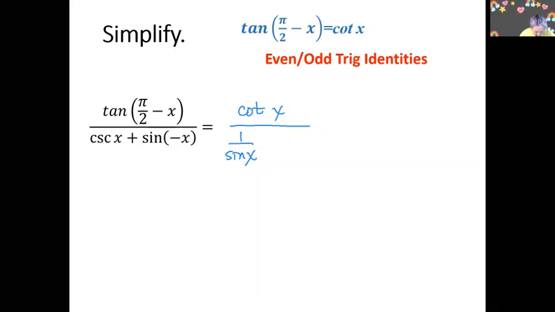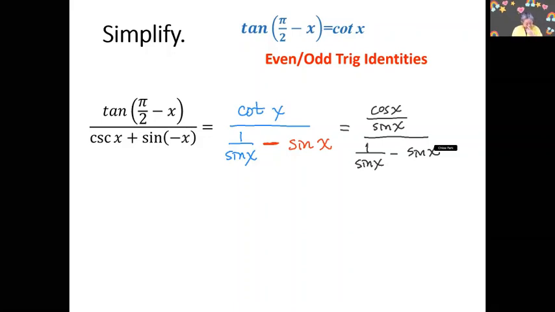So now it's not plus, it's minus sine of just positive x there. Then I still need to rewrite cotangent on top. So it's going to get me cosine x over sine x, over 1 minus sine x minus sine of x right here, right?